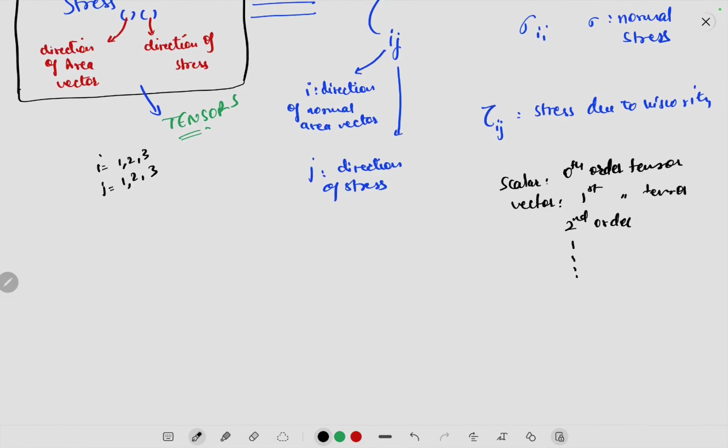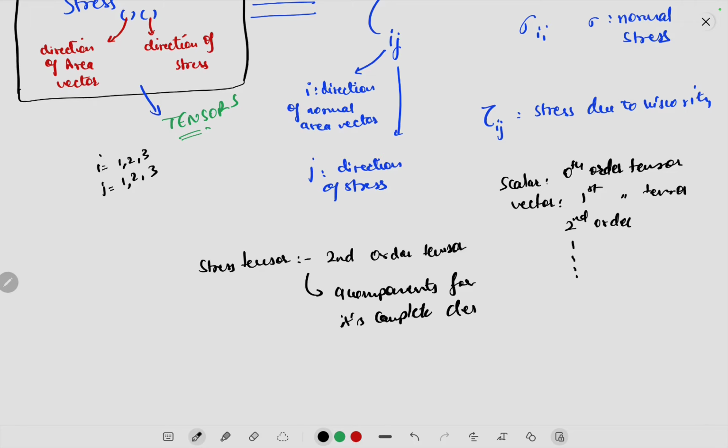But for the time being, let's stick to the concept that if I am calling stress a tensor, you should know that I am inherently calling it a second order tensor, that is, it has 9 components for its complete description.